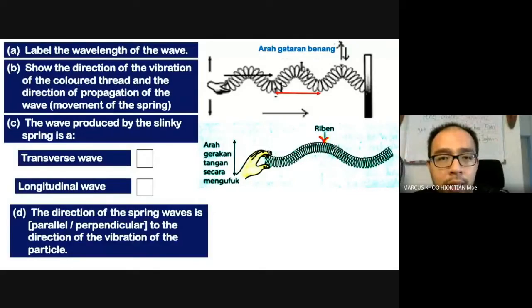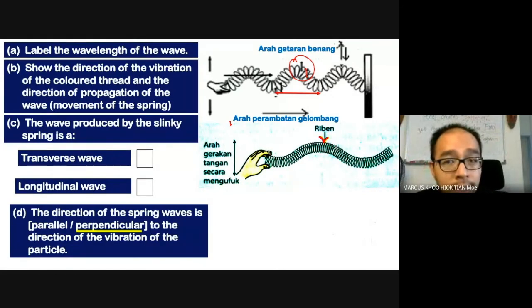Now let's label the wavelength. Let me show you this first. The direction of the vibration of the colored thread is up and down. The direction of the propagation of the wave is from left to right.